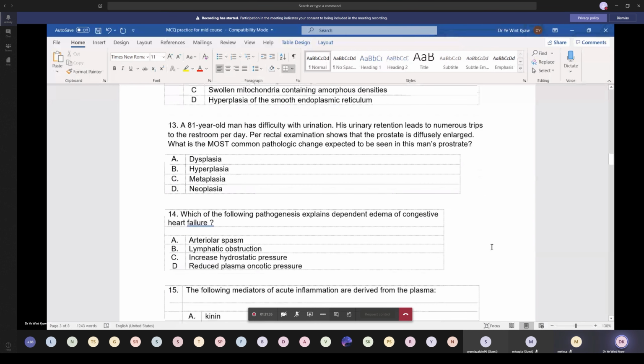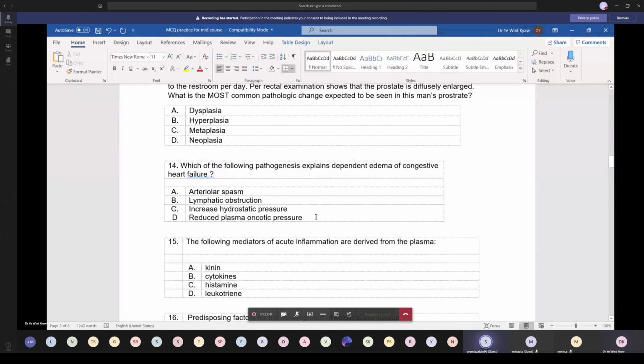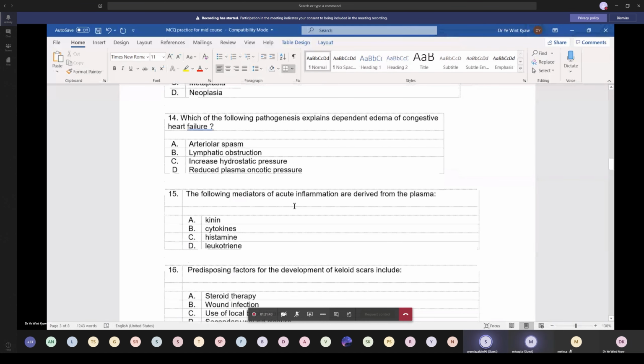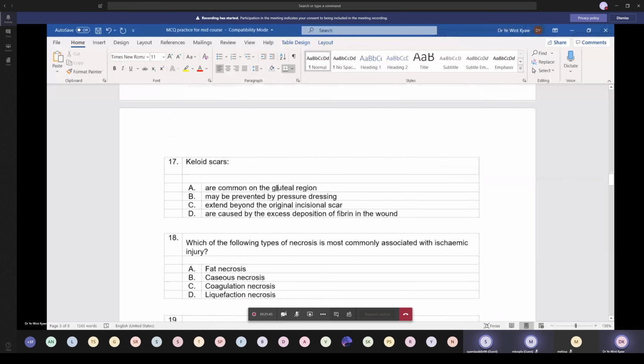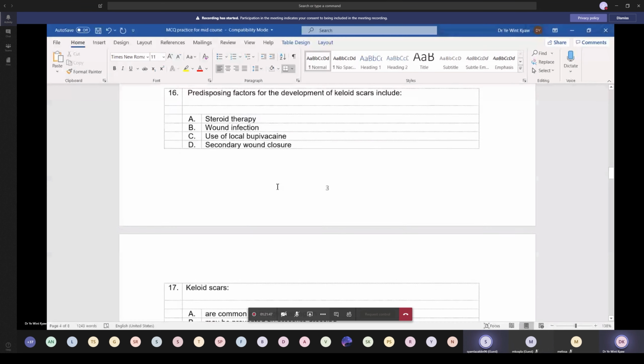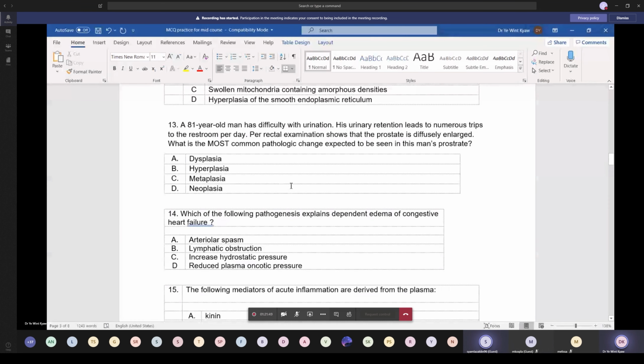For 14 already answered, I think. Why is 13 C? Isn't it B? Hyperplasia? Yeah, hyperplasia. Prostate, denied PPH. Yeah, B. Same question I know too, so I haven't asked you.